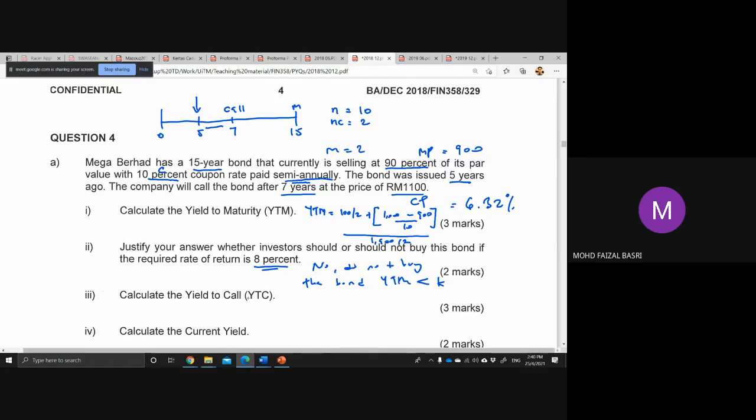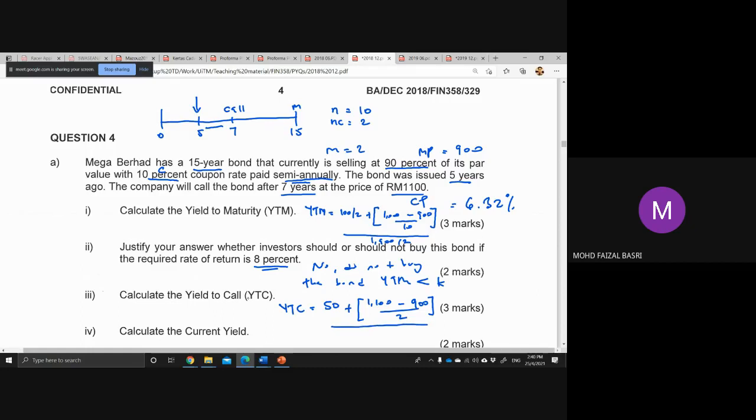So next is YTC. Yield to call. So for yield to call, pretty much the same as before. So I'm going to put 50 now, 50 ringgit, plus with the call price is 1,100 ringgit. And the market price is 900 ringgit. And we divide by 2. Because we have 2 years left until it's called.